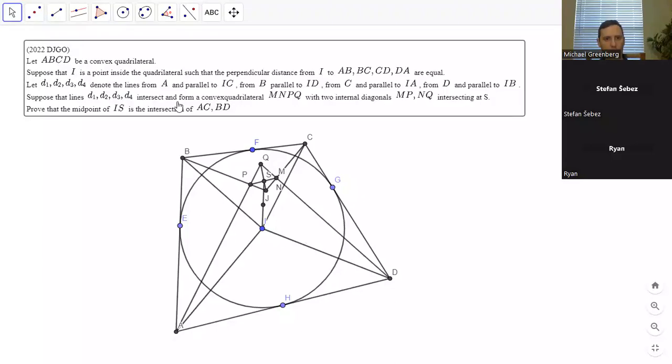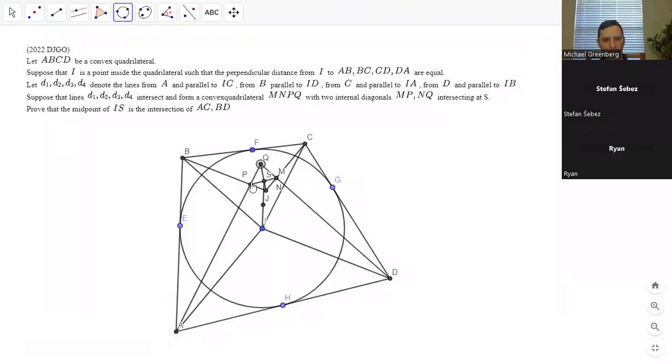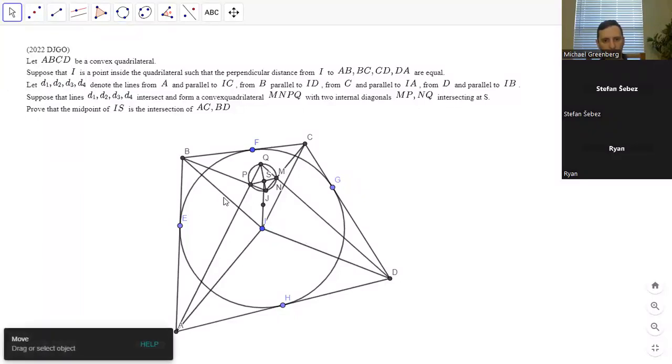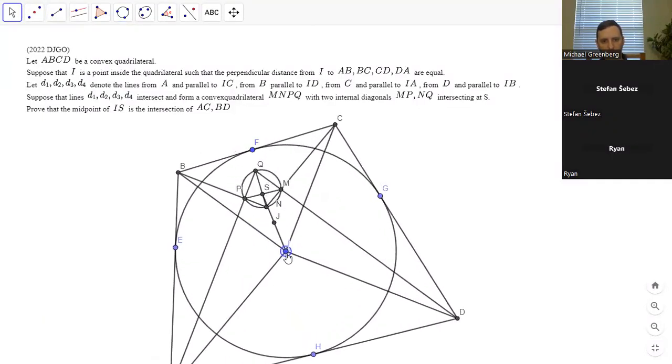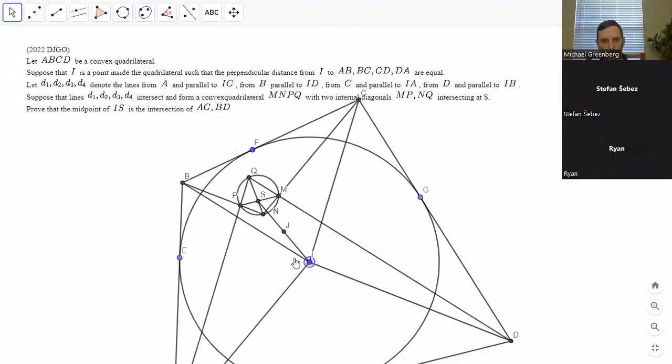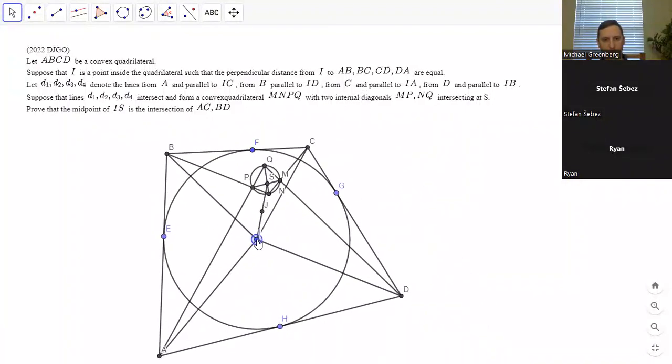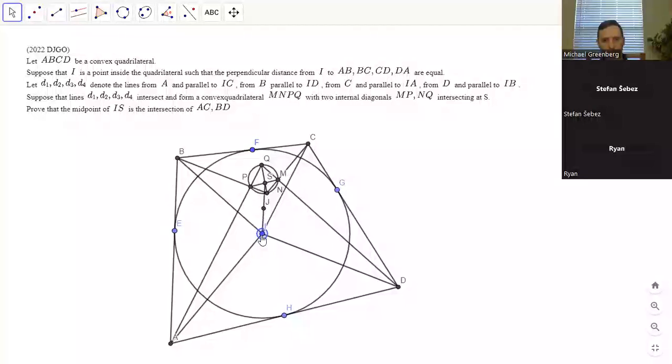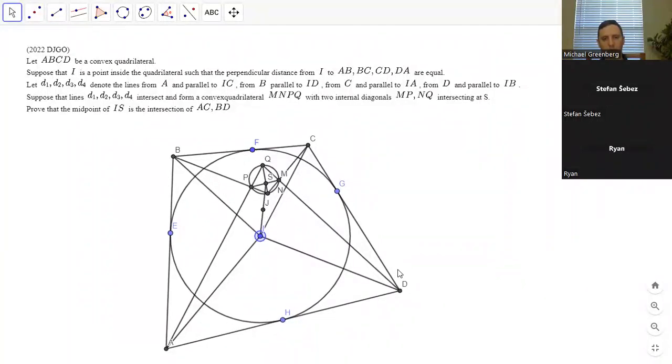Is that quadrilateral cyclic? Let's see. That makes it look like, okay, I just guessed. I guess I was lucky. So that's probably just an angle chase, just because you have all the parallel lines. So it's the same. It's because angle BIC plus angle AIB is 180.